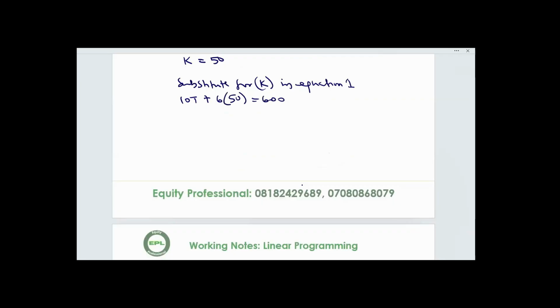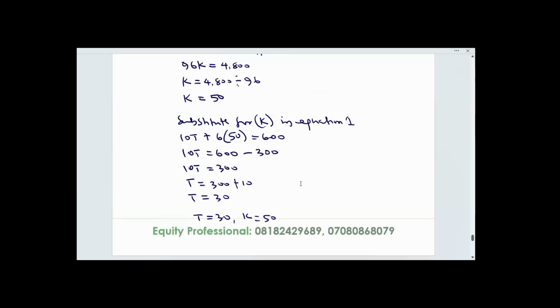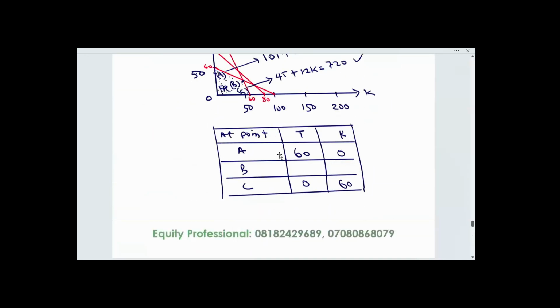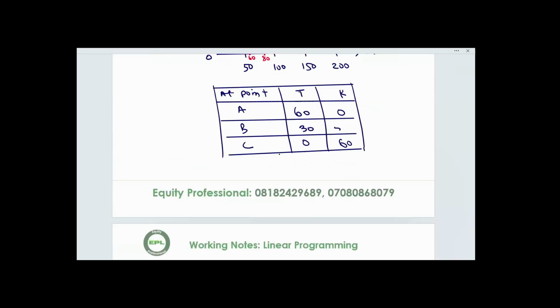Therefore, 10t will be equal to 600 minus 300, since 6 multiplied by 50 is 300. Therefore, 10t will be equal to 300, so t equal to 300 divided by 10. T equal to 30. K equal to 50.